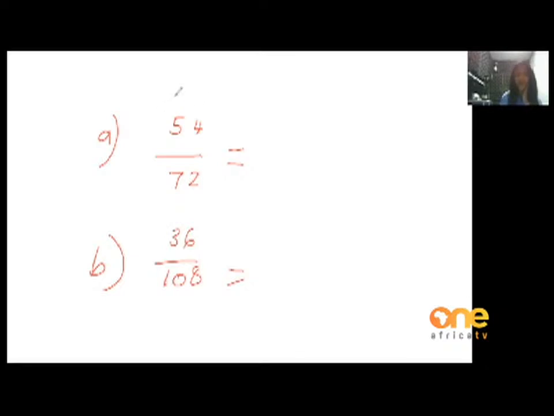Okay, if I divide 54 by 9 and I divide 72 by 9, my answer should be 54 divided by 9 is 6, and 72 divided by 9 is 8.